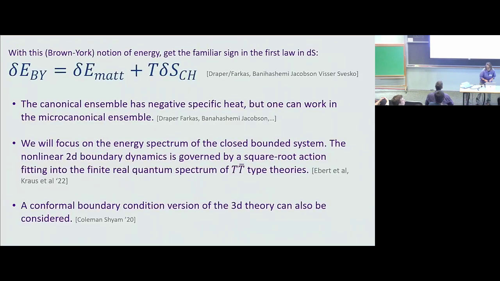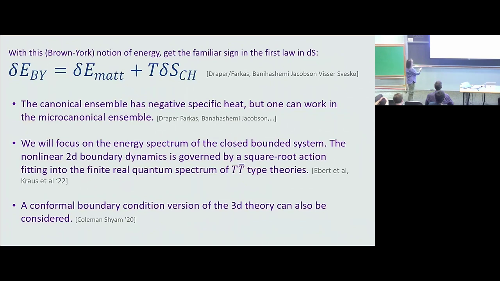Okay, so one really interesting thing about this setup, and this is again where different groups are coming together, is that these authors, Draper, Farkas, Banihashemi, Jacobson, et al., found the following. People had been confused in global de Sitter about the first law appearing to take a strange sign, the opposite sign.